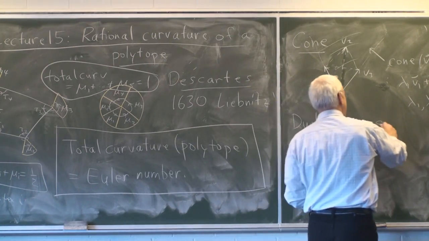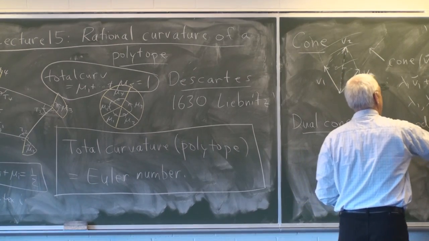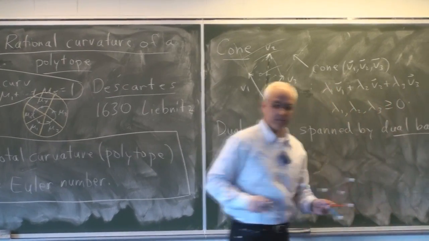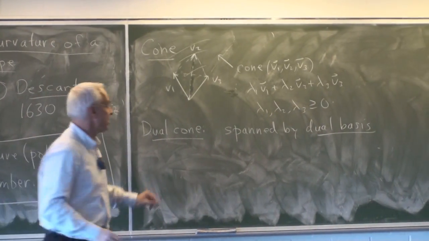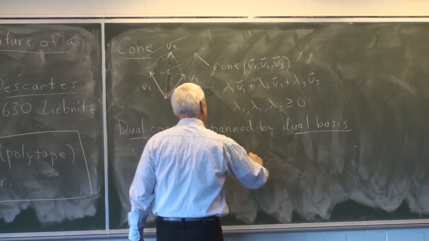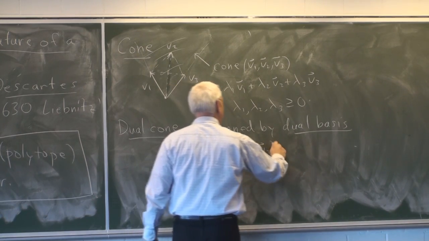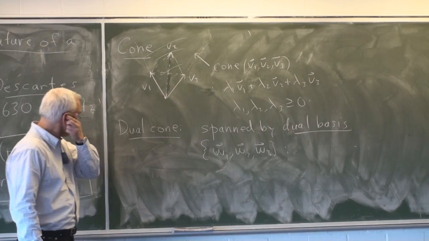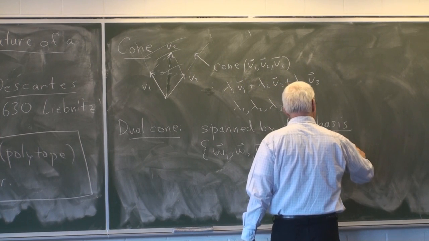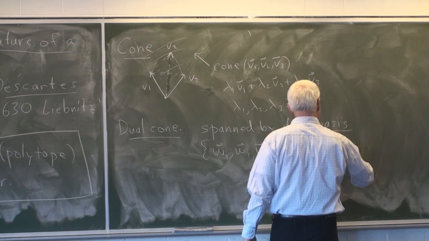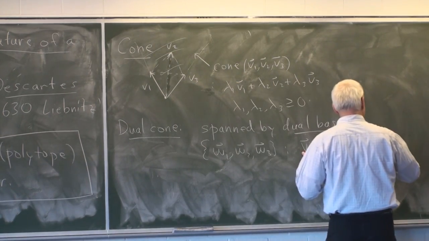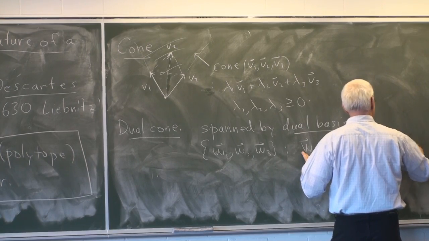So the dual cone is spanned by the dual basis. And that's a lot like it is in 2 dimensions. So if we have v1, v2, and v3, we can say that the dual basis is, say, vectors w1, w2, w3, with the properties that w1 is perpendicular to v2 and to v3, and its dot product with v1 is 1.